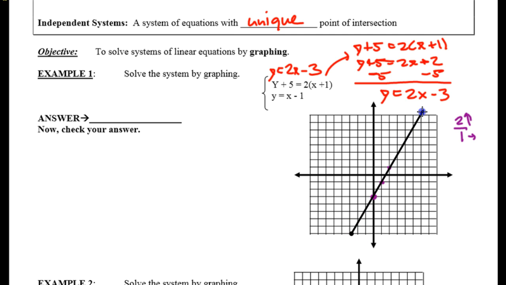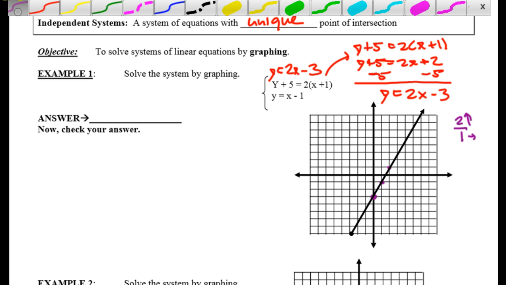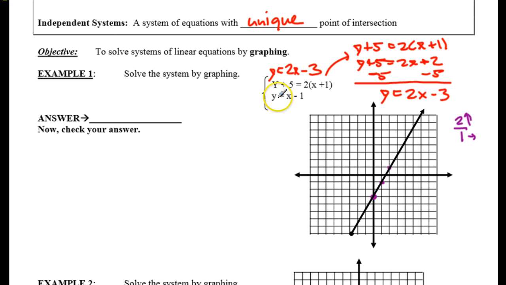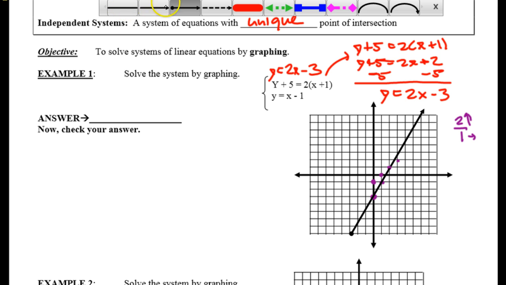Okay. Alright. Now we're going to go ahead and graph the second equation in the system, which is y equals x minus 1. Y-intercept here is -1. And here our slope is 1. So we go up 1 over 1 every time. And you'll see that we landed on that same point right there. Okay?